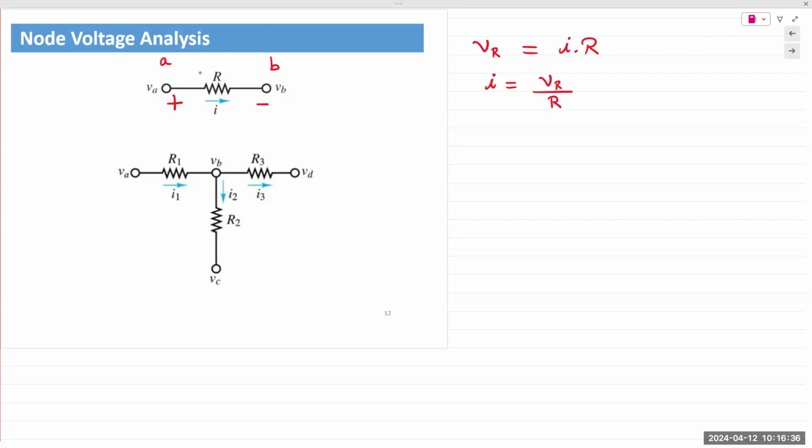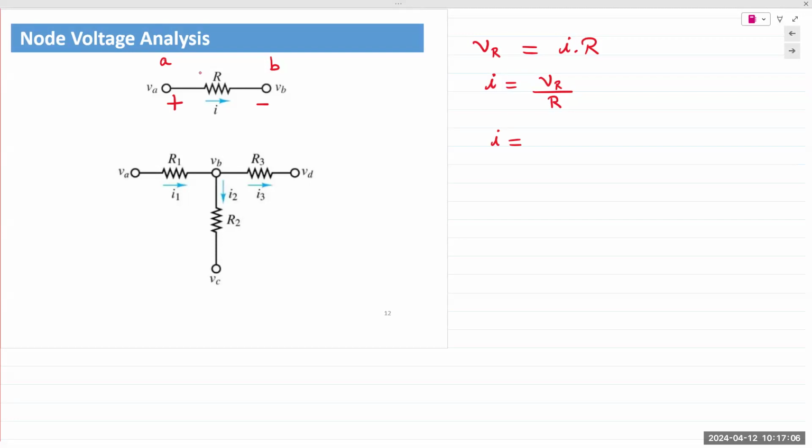Now, here's the important part. Node voltages will allow us to describe VR in terms of the node voltages. So since we know VA is plus and VB is minus, how can we express or write out VR? Voltage between any 2 points is the difference in electric potential between those 2 points.